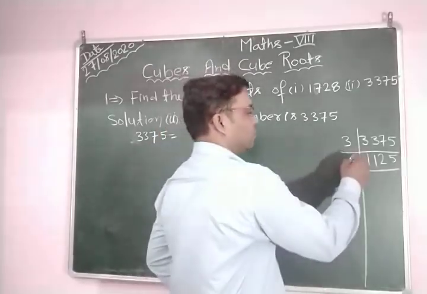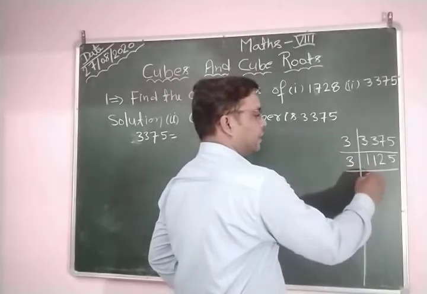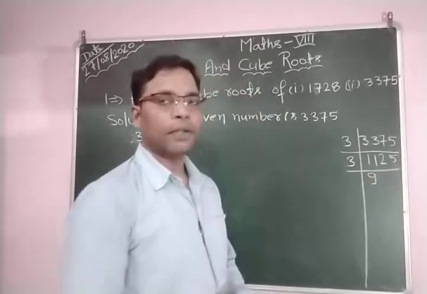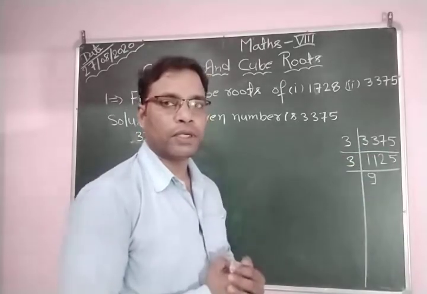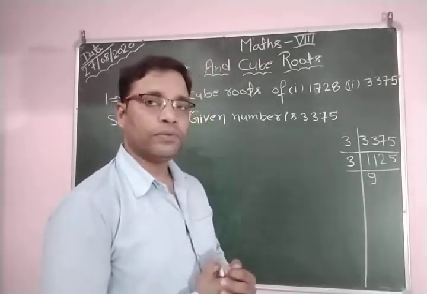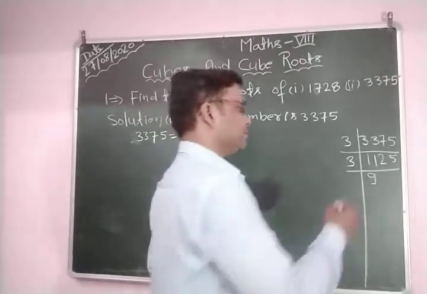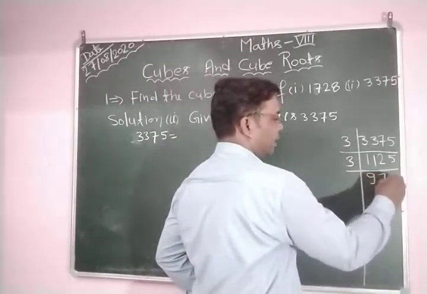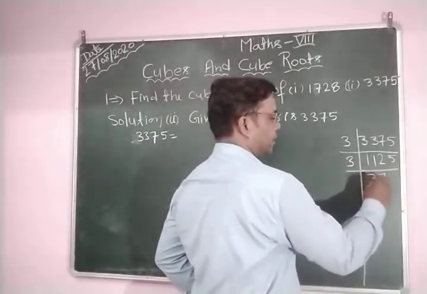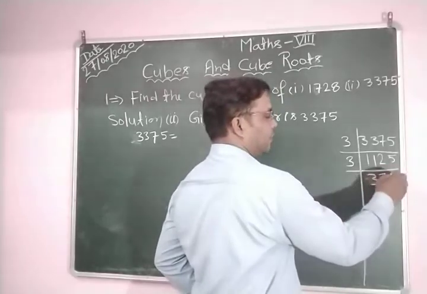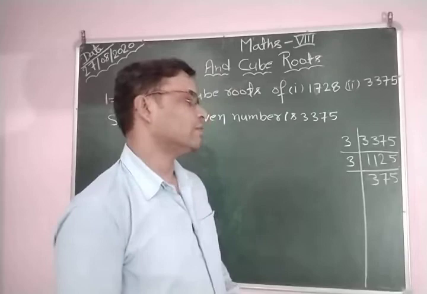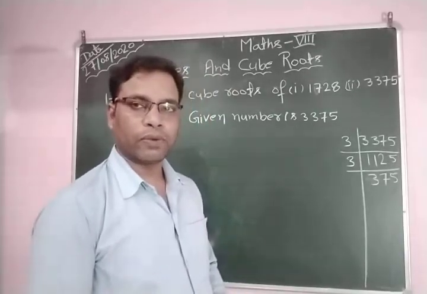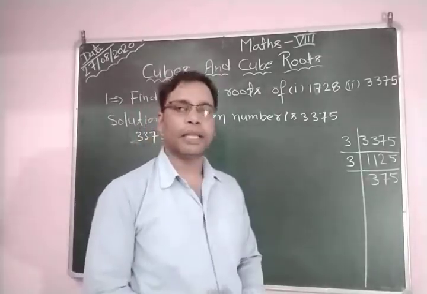So here 3 threes are 9, then 22 remains; 3 sevens are 21, remainder 1, and 3 fives are 15.